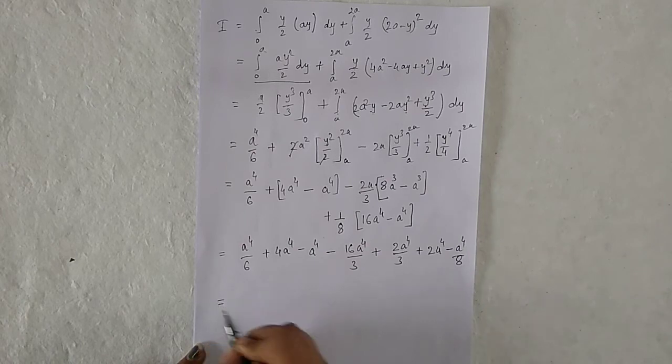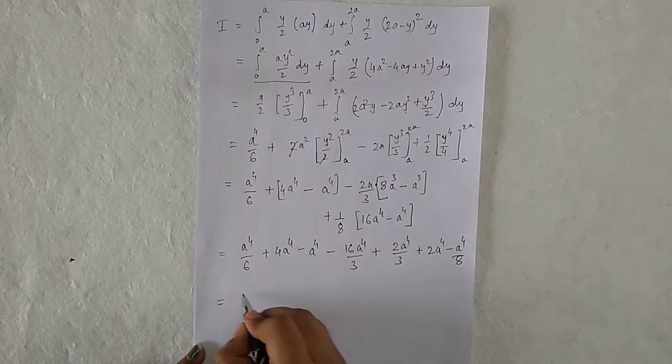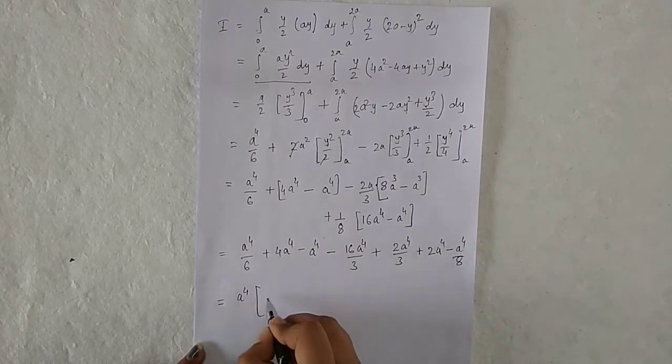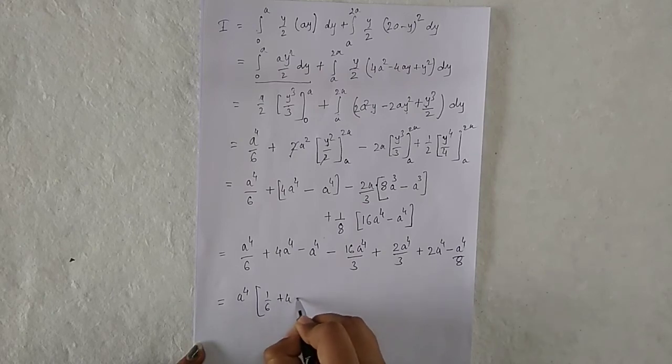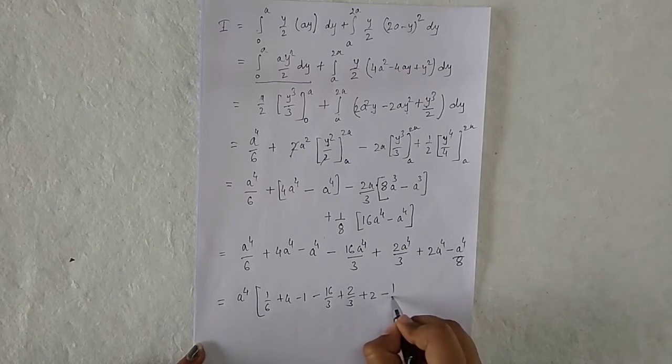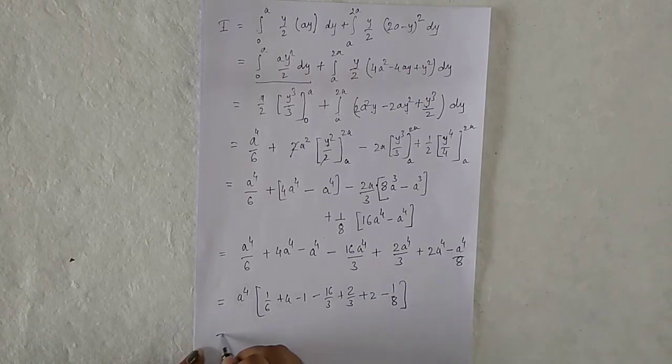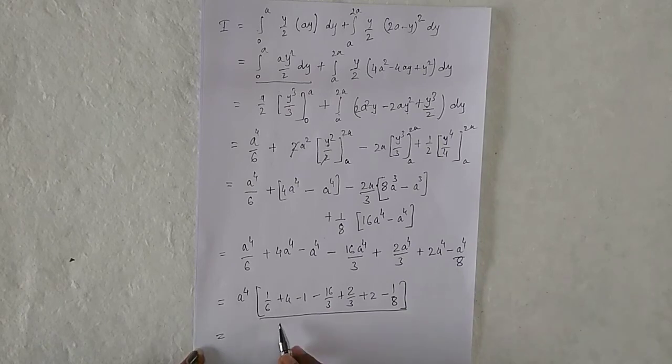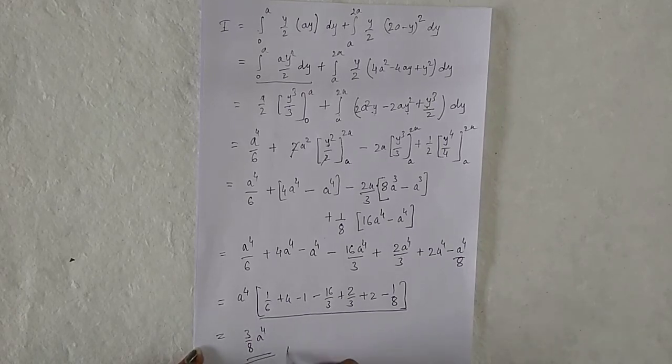Simplifying these terms, taking a raised to 4 common: 1 by 6 plus 4 minus 1 minus 16 by 3 plus 2 by 3 plus 2 minus 1 by 3. When you solve this, it becomes 3 by 8 into a raised to 4. So this is my answer.